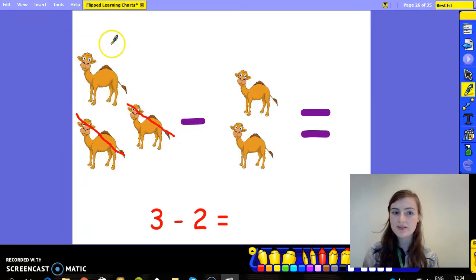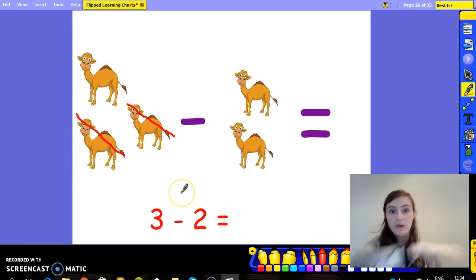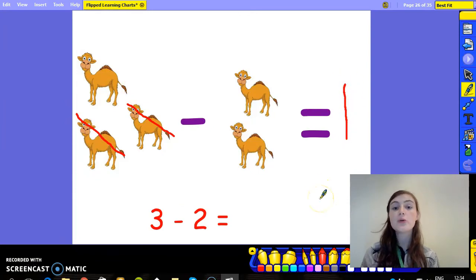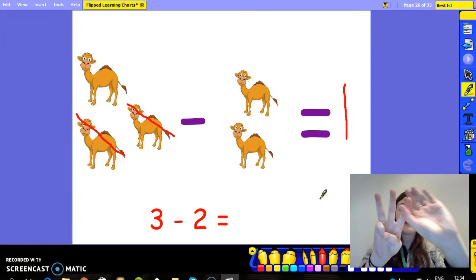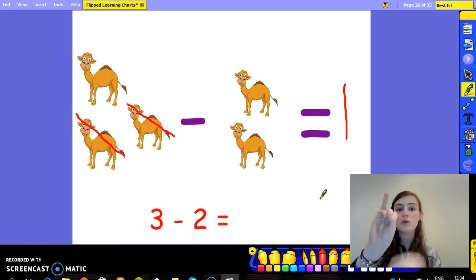How many camels are left now that we've taken away 2? Just 1. Well done. Let's write in our answer as 1. You can check your answer using your fingers. We have 1, 2, 3 camels, and we take 2 away. 1, 2. We have 1 camel left.